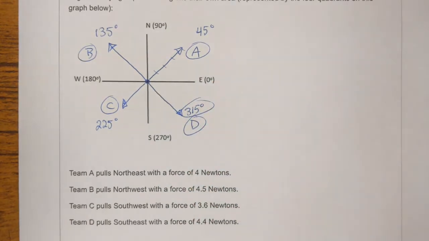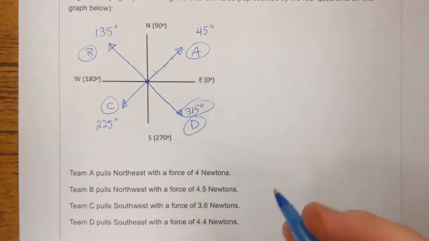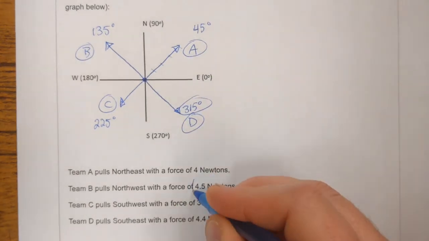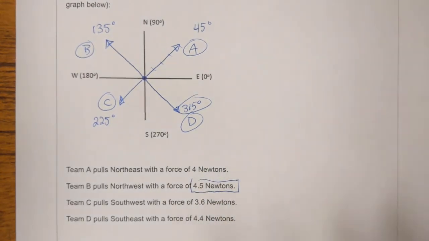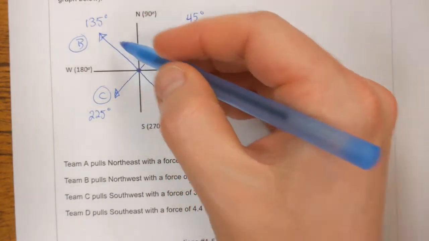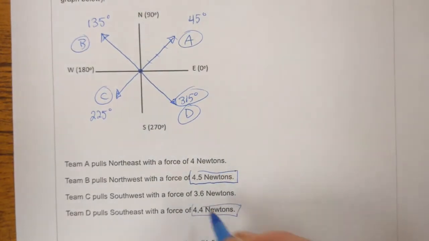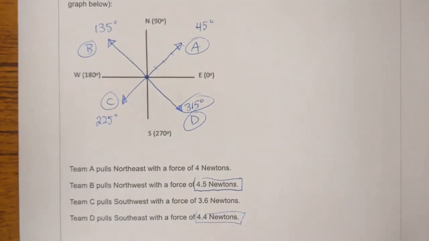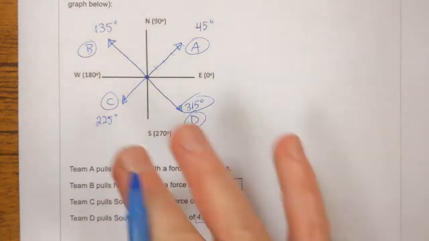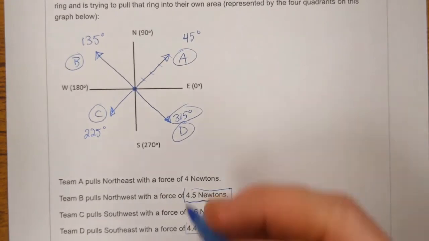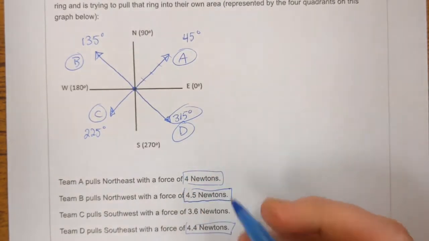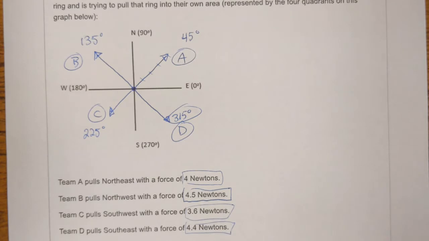So we look at this: which team is going to win? Clearly Team B is the strongest, but Team B is also going up against Team D, directly opposite, which is almost just as strong. That makes me think B and D might neutralize each other. Remember, the strongest team does not always win a 4-way tug of war like this. Team A gets to go up against a weaker team.